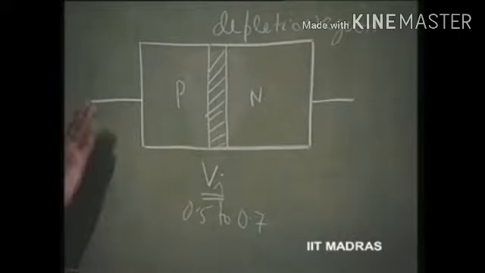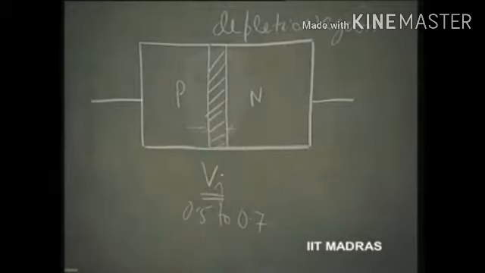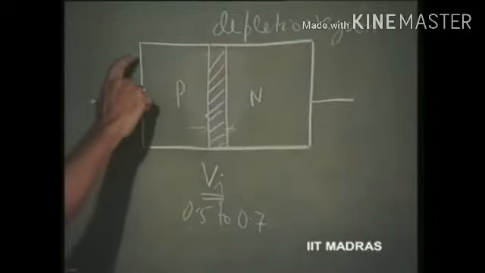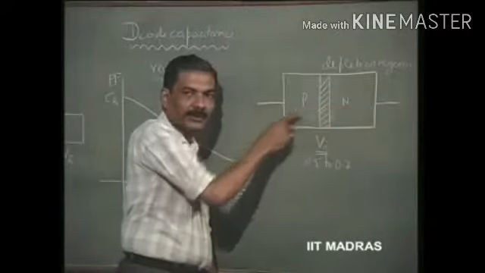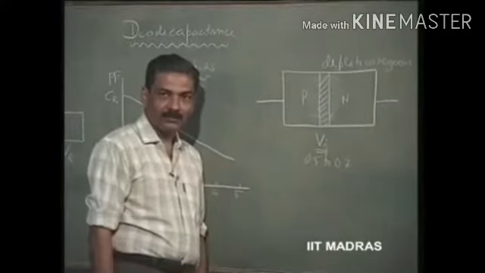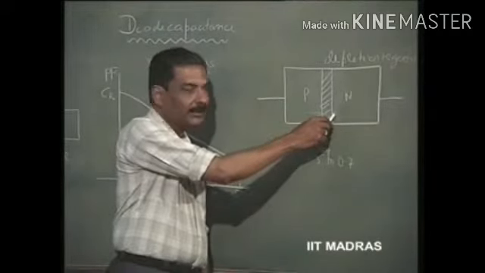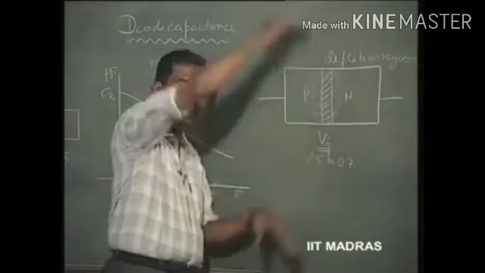So, every p-n junction has a depletion region in between, and this depletion region width is dependent upon the voltage. When the junction gets forward biased, the barrier, the potential hill for these carriers, decreases. So, there is a copious amount of free carriers, holes moving from this side to this, and electrons moving from this side to this, and that constitutes a current. Large current can flow. Whereas when it is reverse biased, this potential hill increases.